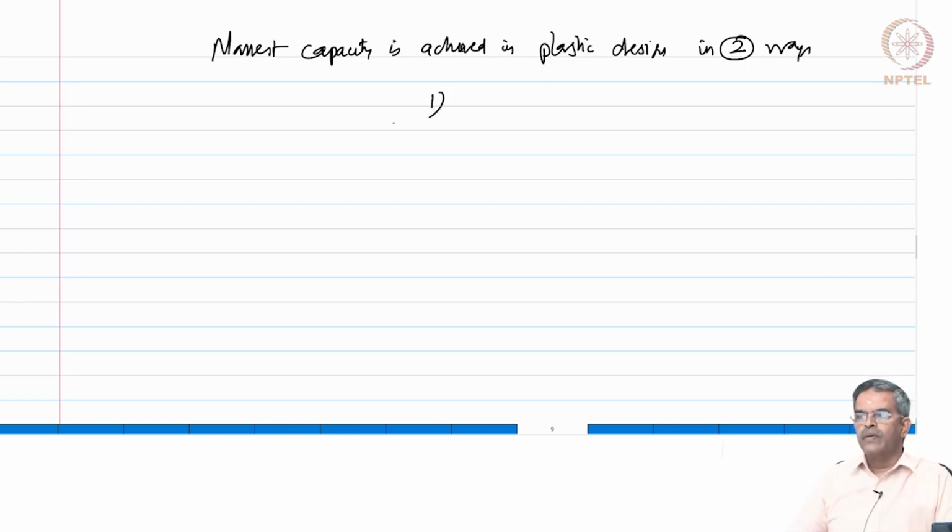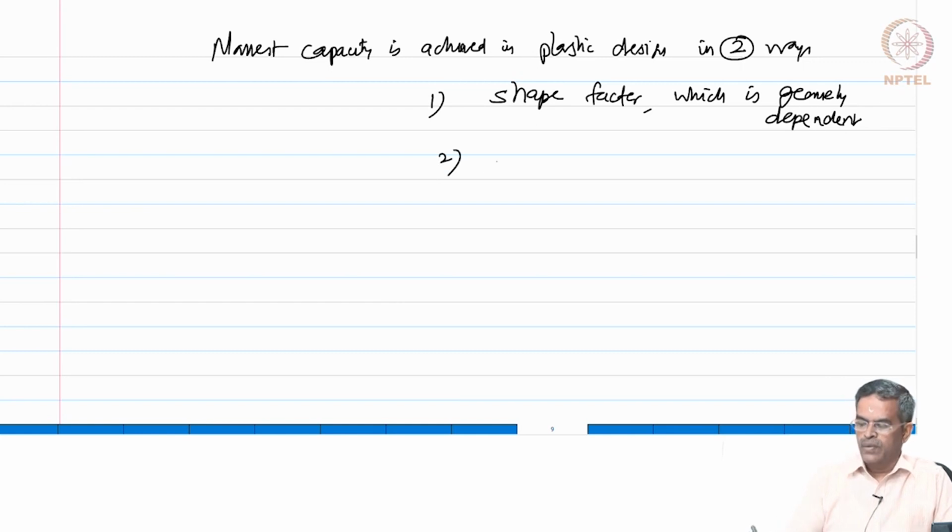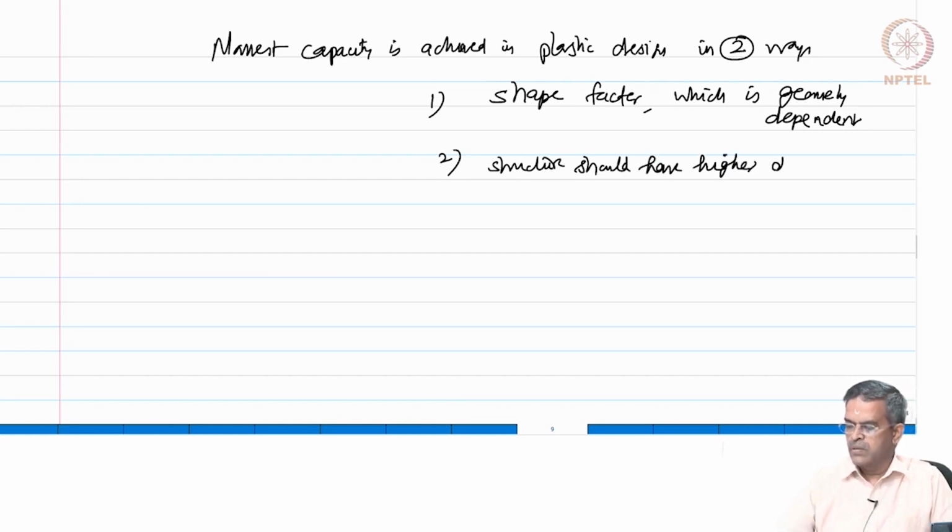One, by having a higher shape factor, which is geometry dependent. Two, the structure should have a higher degree of static indeterminacy.